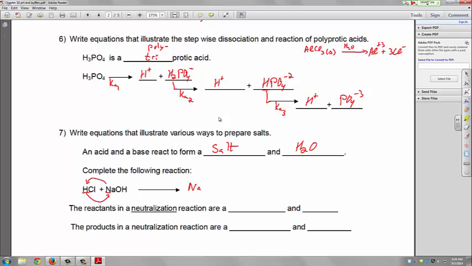We get the salt, in this case table salt, and we get HOH, which we refer to as water. It's not hydrogen hydroxide, it's water. This is a neutralization reaction. The reactants are an acid and a base, and the products are a salt and water.